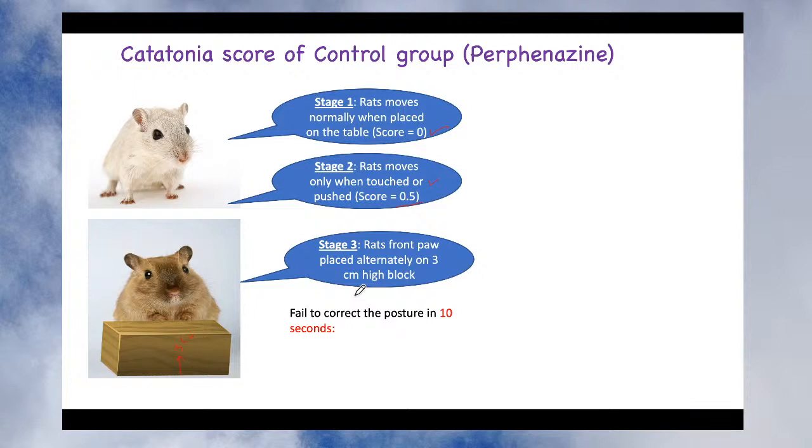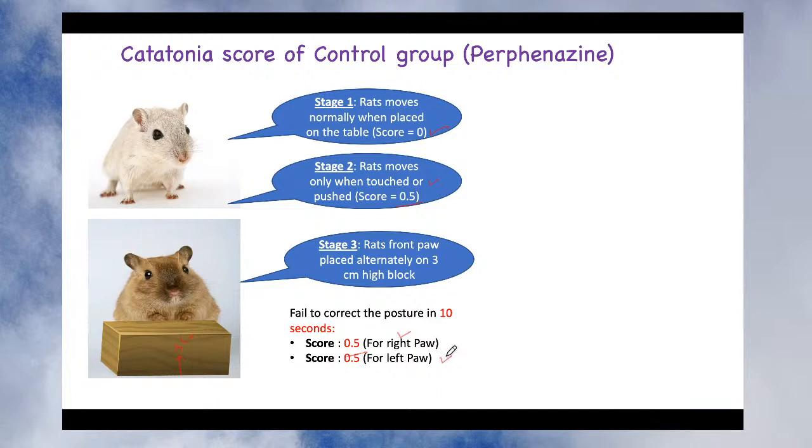Now since the animal failed to correct the posture in 10 seconds, based on your observation, suppose the animal has failed to correct the posture in 10 seconds with the right paw, meaning he is not able to remove his right paw, you will give the score of 0.5. Secondly, when you have kept the left paw and the animal fails to correct the posture in 10 seconds, then again you will give the score 0.5.